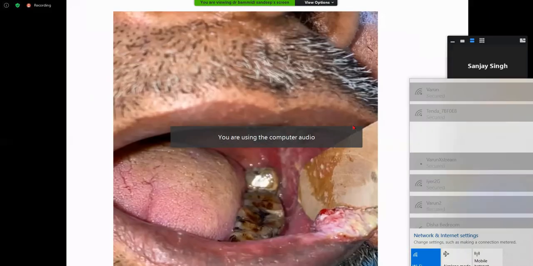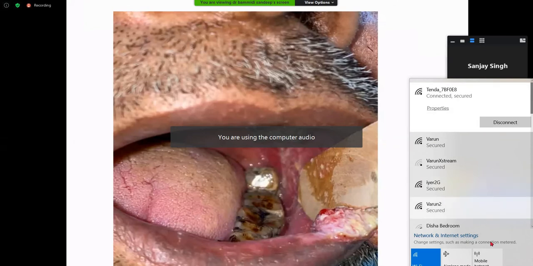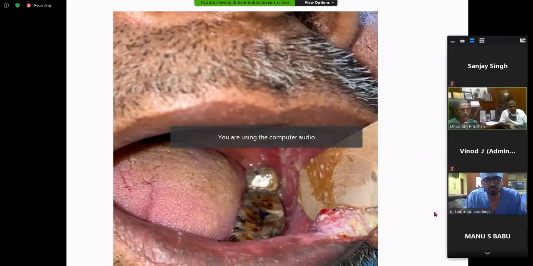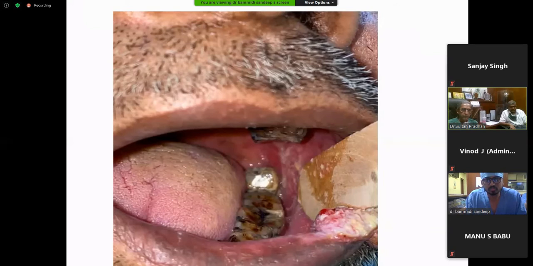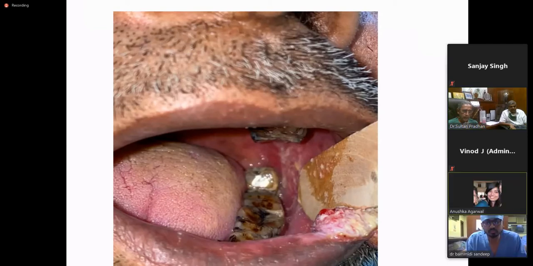Now, the field that it is showing looks that there may be an infiltrative component. But even if you have an entirely verrucous carcinoma growth, the pathologist is not able to give a confirmed diagnosis, whether it is just verrucous hyperplasia or verrucous carcinoma. Yes, sir. But we have to go ahead and excise it.